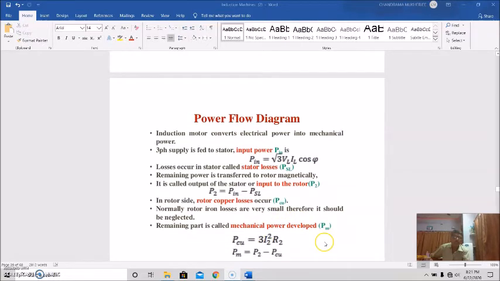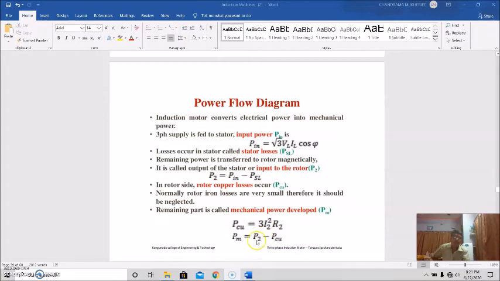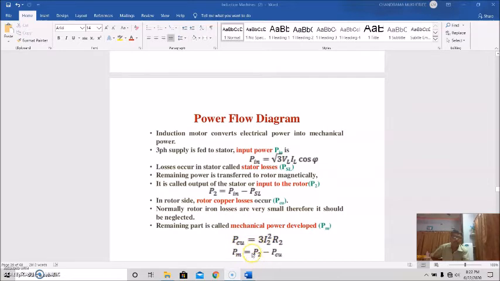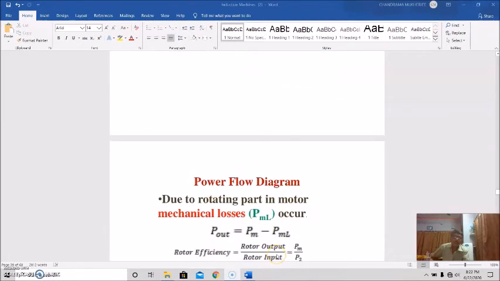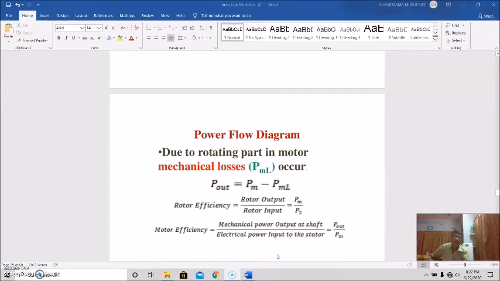If this is the rotor copper loss PCU, then the mechanical power developed is the rotor input power minus the rotor copper loss. So this is the mechanical power developed, and from the power flow diagram, due to the rotating parts in the motor, mechanical losses occur. So the output power will be the mechanical power developed minus the mechanical losses.